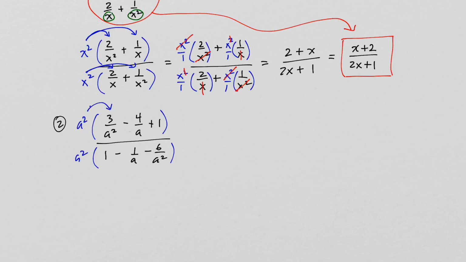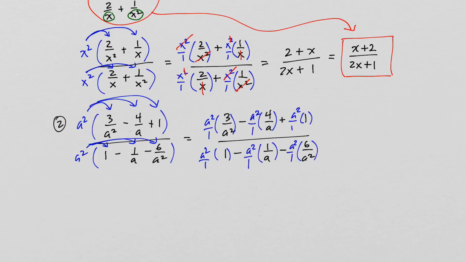And then we distribute that to each of the terms, top and bottom. And that gives us this. So I've distributed the a squared to each of the terms in the numerator and the denominator. Also, I like to write a squared over 1 because that helps see the cross-canceling.